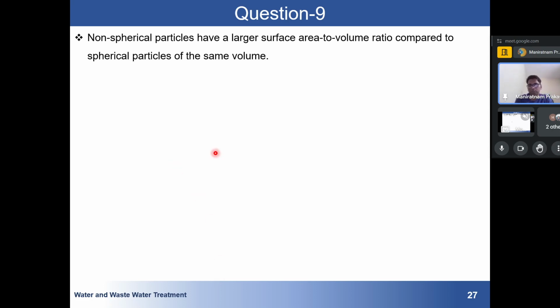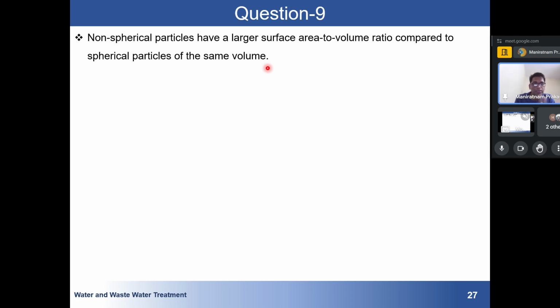Now read this. A non-spherical particle will have a larger surface area to volume ratio compared to a spherical particle of the same volume. You must have studied in your 12th class that a spherical particle has the least area to volume ratio. Apart from the spherical particle, every other shape has a very high area to volume ratio.